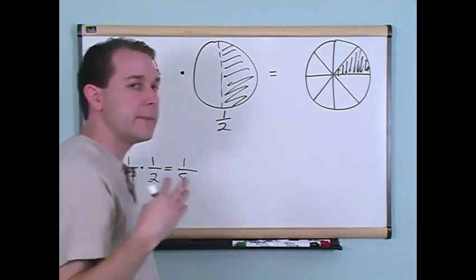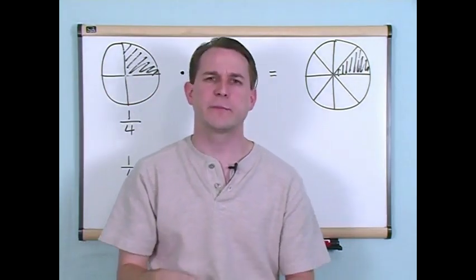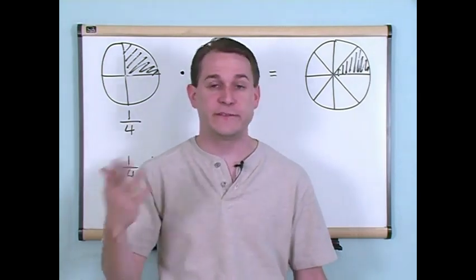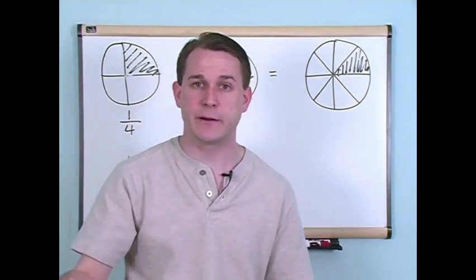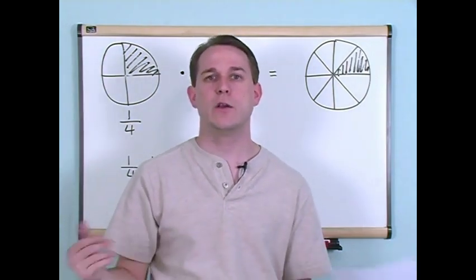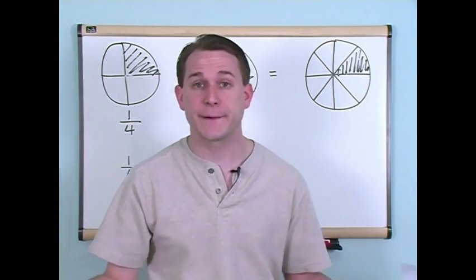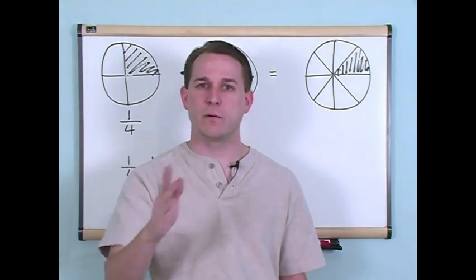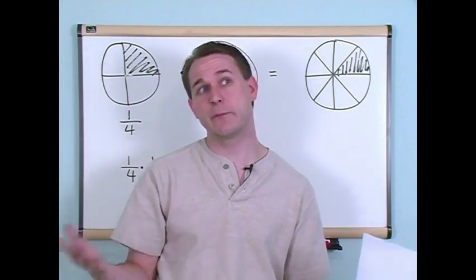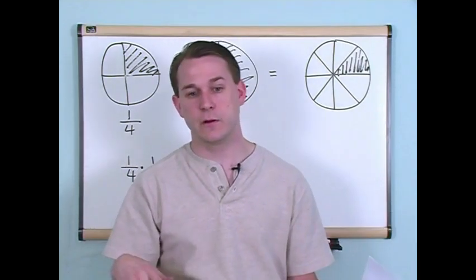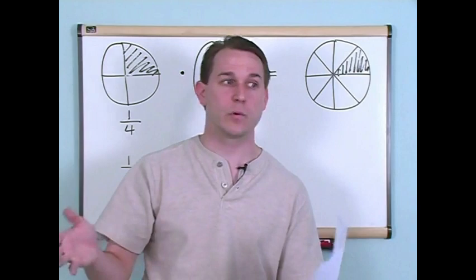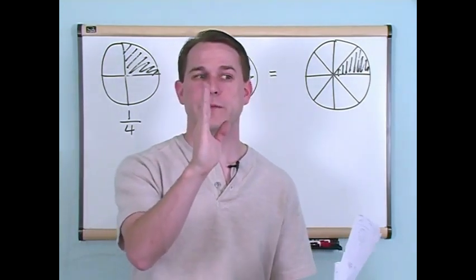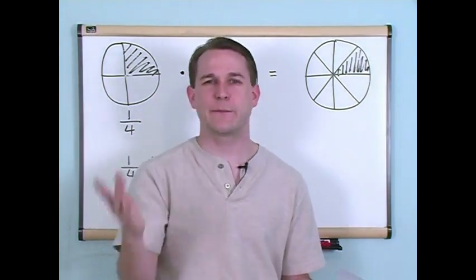So when you multiply by a fraction, when you think about it, what is multiplication? You know what multiplication is in general. When you multiply something by 2, the number gets bigger. Like 2 times 4 is 8. When you multiply by 10, the number gets even bigger. When you multiply by 100, the number gets bigger. But as you get closer to 1, like 2 times 1 gives you 2, 3 times 1 gives you 3, 4 times 1 gives you 4, the number doesn't change because anything times 1 is itself.